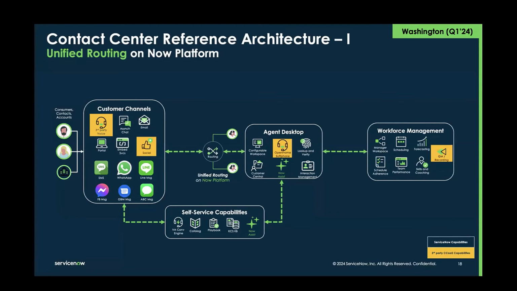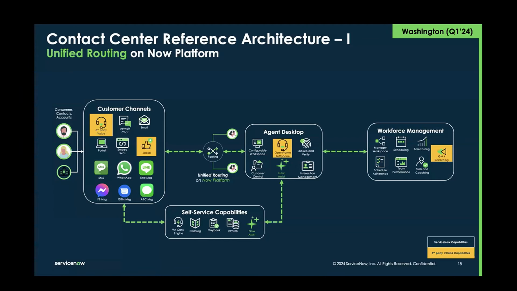So now let's talk about unified routing on our platform. These capabilities were introduced in Washington in Q1 of this year. If you think about the previous slide, the voice was routed by the third party, while all of the ServiceNow channels are routed by AWA.